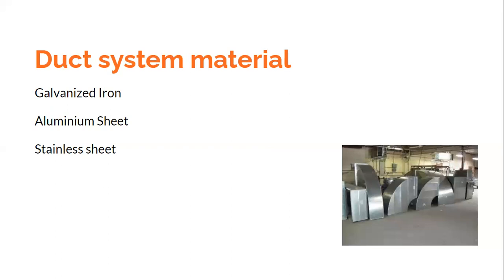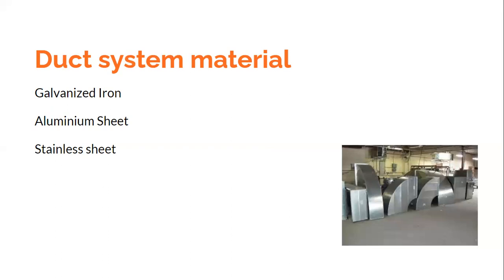However, if you want to use a rectangular duct, then it is better to use a rectangular duct of aspect ratio 1. What does it mean? It means that it is almost square.